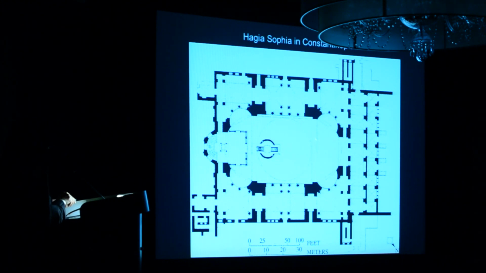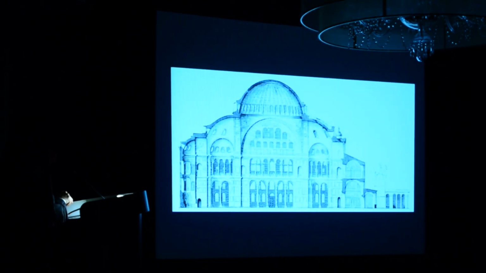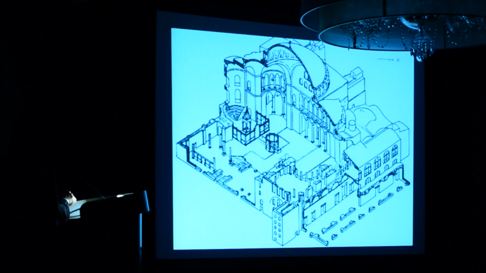You have this huge structure here. I think this is a vertical cut. And you can see the same thing here, how complicated it is to go from the elements supporting the dome down to these supporting elements. You see, you don't have any columns here.